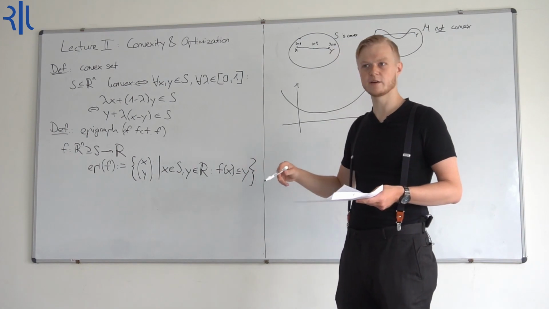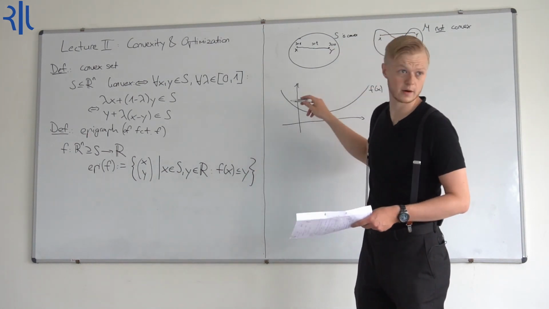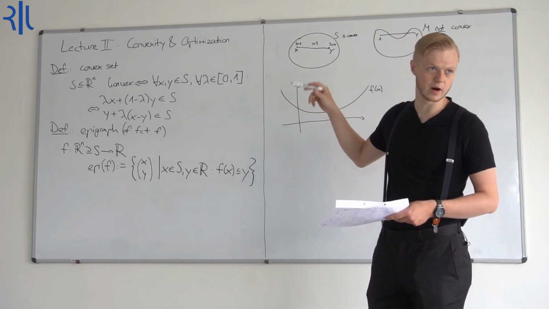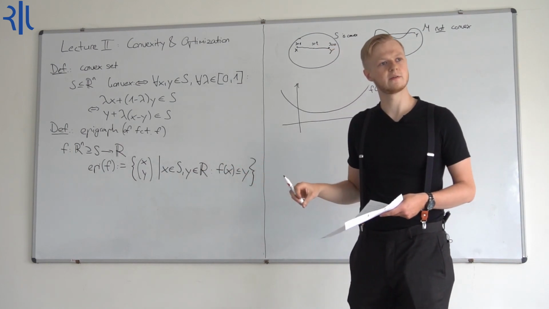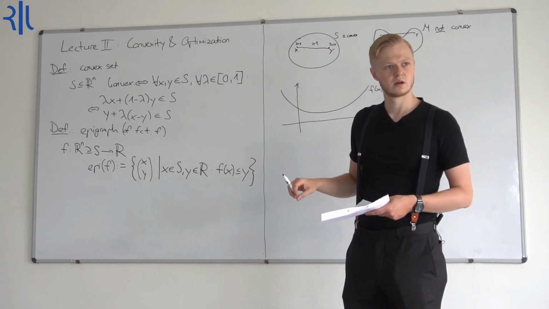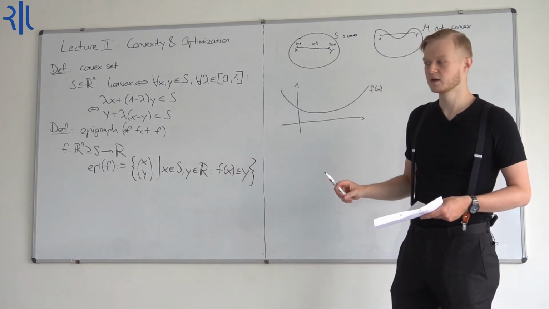X would be any real number here that we could pick, and the y would be our second axis, our up and down direction, and we demand that the y has to be greater or equal than the function value in the tuples.